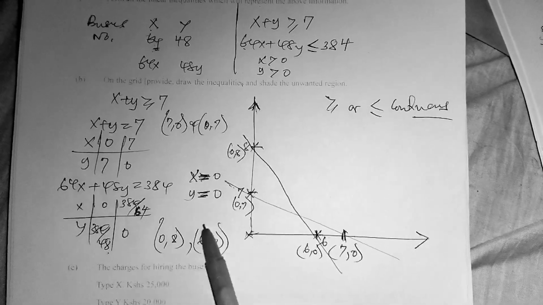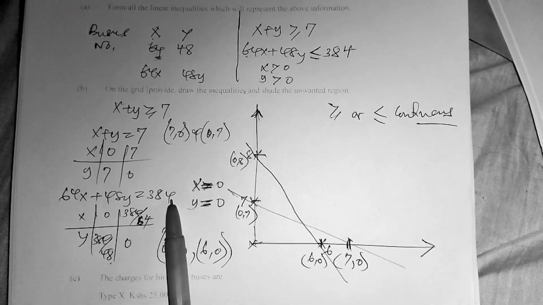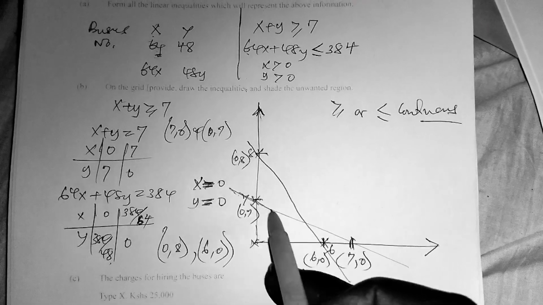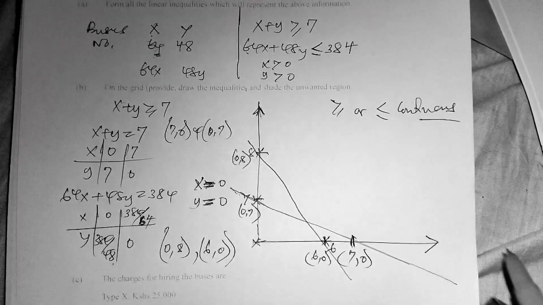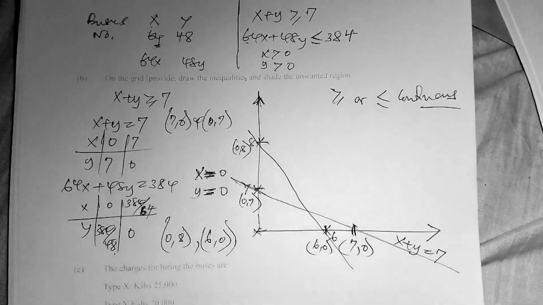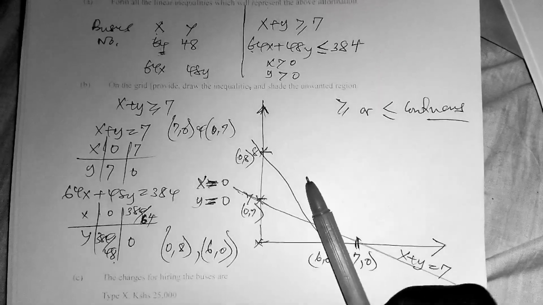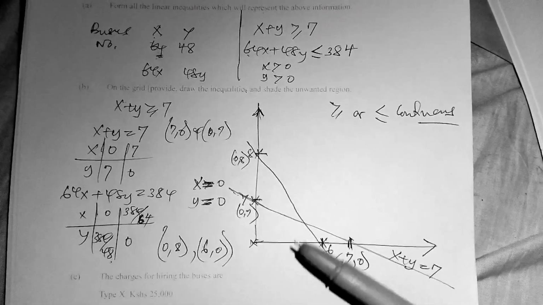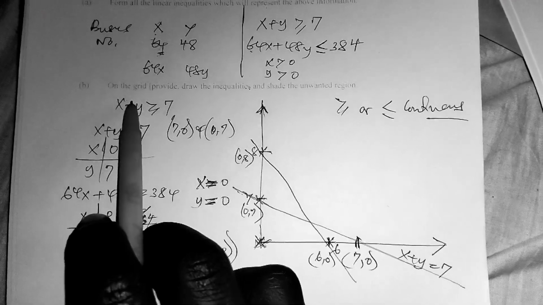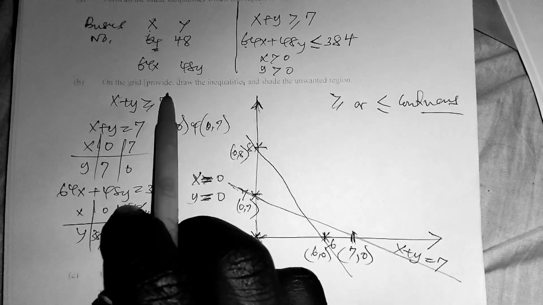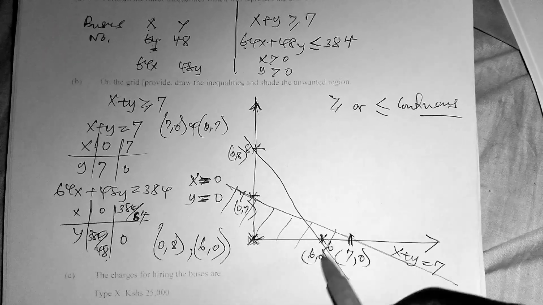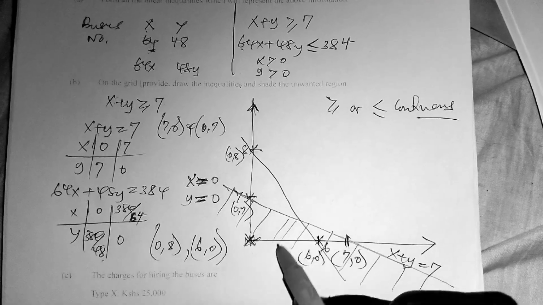So you can test the side which you will shade. For this line, x plus y equals 7. You can test by putting the point of origin: 0 plus 0 is greater than or equal to 7, which is false. So you shade the side which is false, or unwanted.